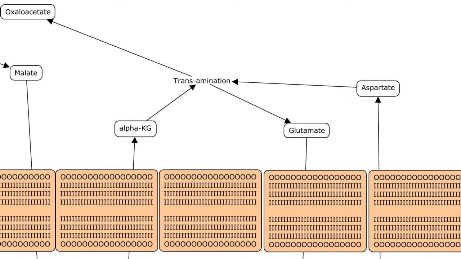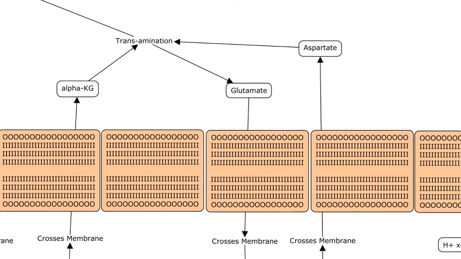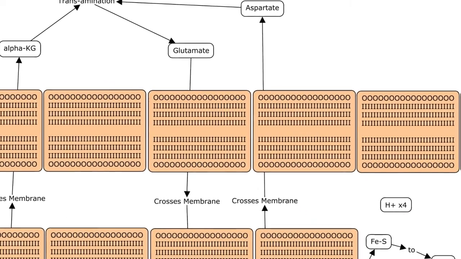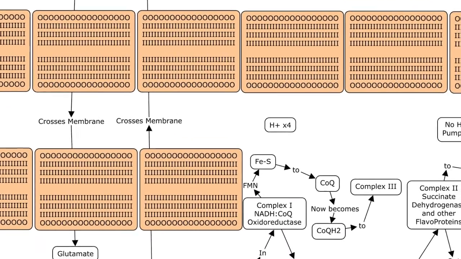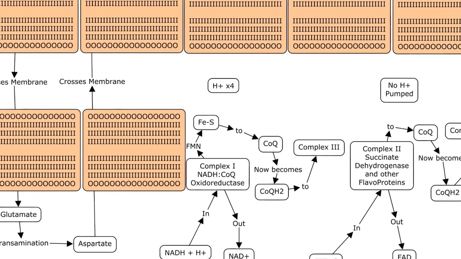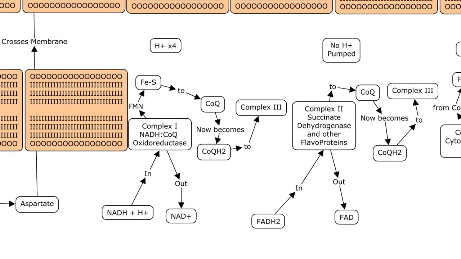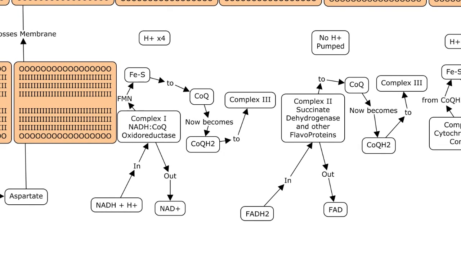Okay, so now the electrons are inside the mitochondria where they're supposed to be. That's a good thing. So now we're going to go to our electron transport chain, which is in the inner mitochondrial membrane, because you've got two membranes. The one that's touching the cytosol is the outer mitochondrial membrane. The one interior to that is the inner mitochondrial membrane, and you've got this intermembrane space between the two.